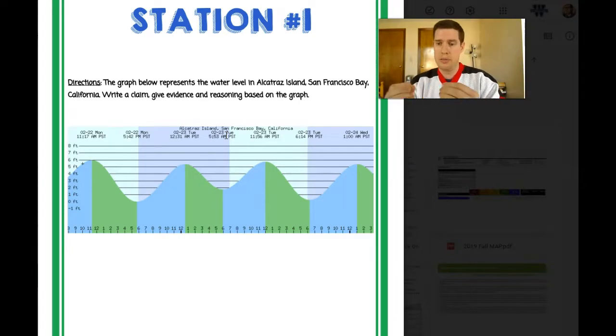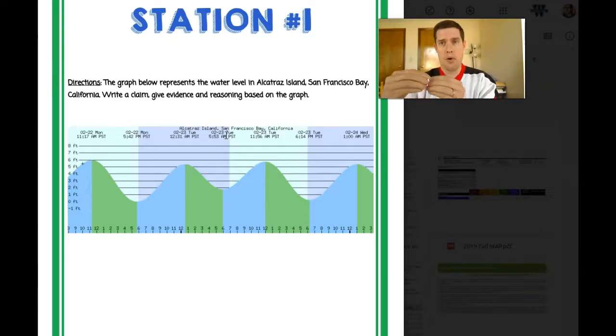And because their position changes and because the Earth rotates one time every 24 hours, so because it's rotating and the positions of the sun and moon are trying to pull on our water, the water is going to react to those gravitational pulls.